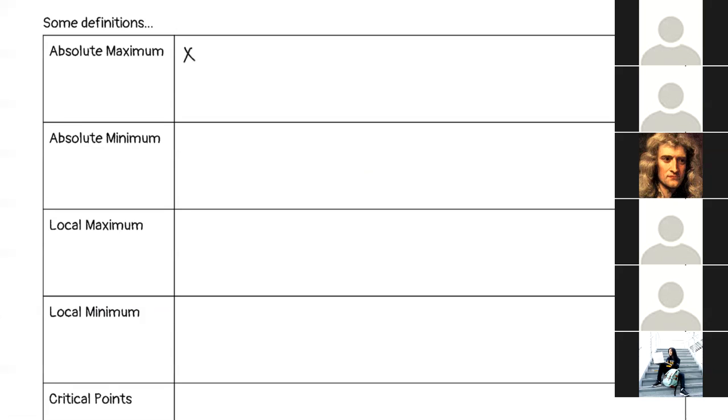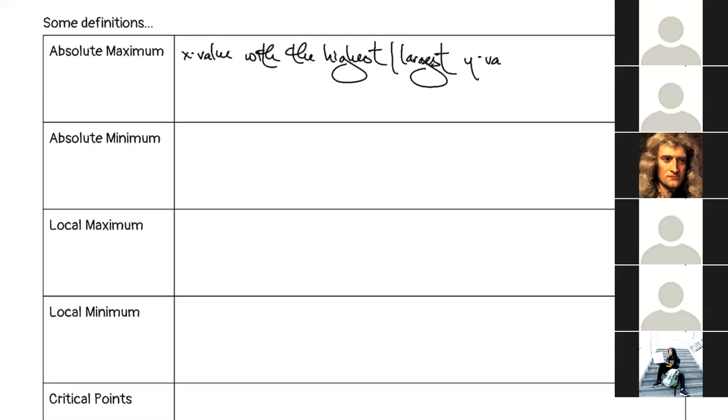It is the x value with the highest, or some people might think about it as the largest y value on the graph.